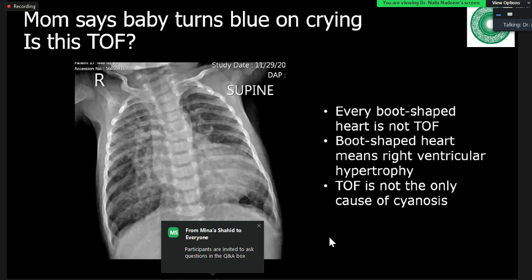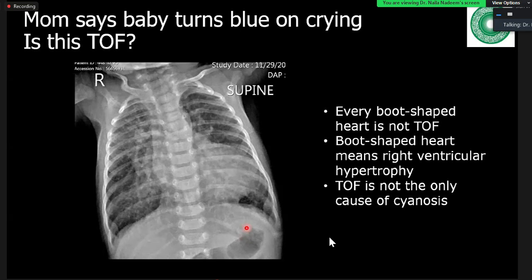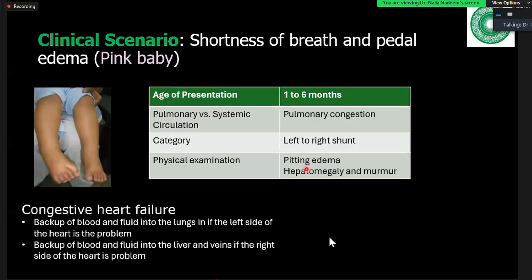So the lesson learned is every boot shaped heart is not TOF. Boot shaped heart means right ventricular hypertrophy. Every patient who presents with cyanosis does not have TOF, may have other reasons like truncus arteriosus, like transposition of great arteries. And this was a case of truncus arteriosus.